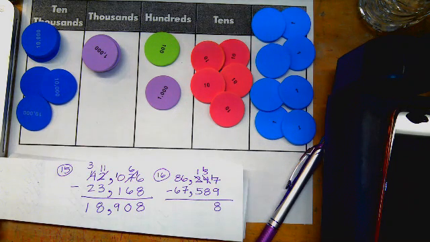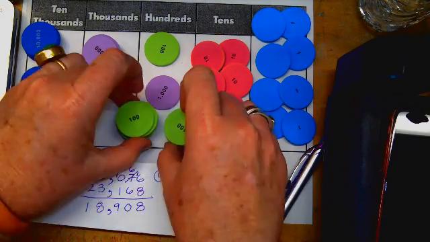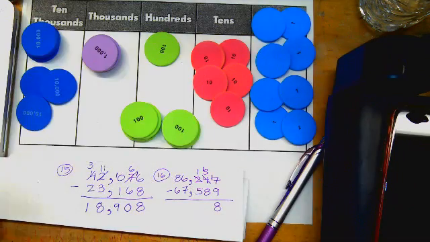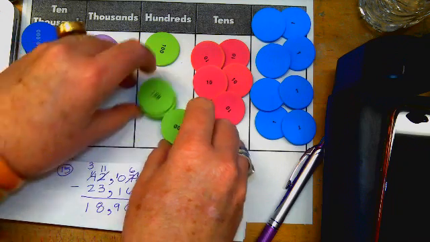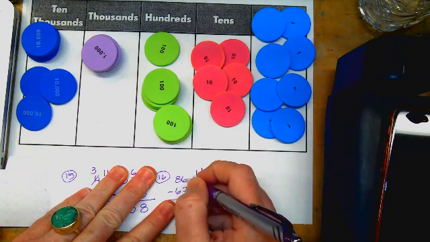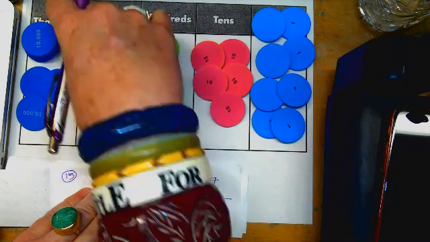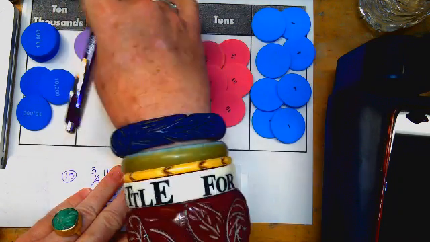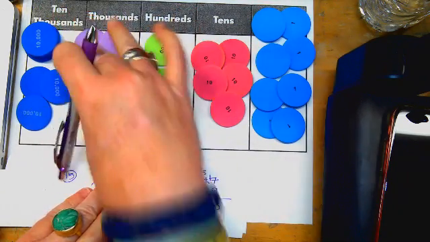So I'm going to come over to my thousands. I'm going to set 1,000 over here and cash this in. This sure has an amazing amount of regrouping. I'm going to exchange it for 10 hundreds, and I'm doing that on my paper right here.